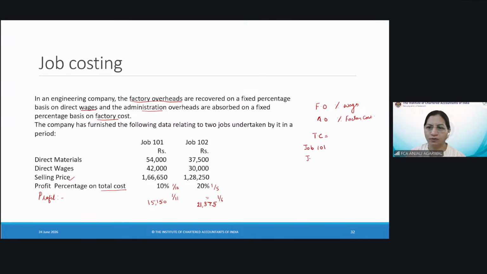And for job 102, it is 1,28,250 minus 21,375. So job 102 will cost you 1,06,875, whereas job 101 is costing you 1,51,500.